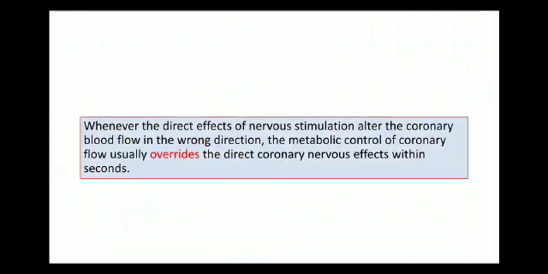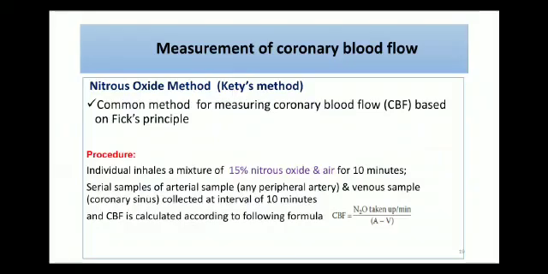The blood flow of the heart cannot be entirely dependent upon the autonomic nervous system. It will be a big problem. So the metabolic control will be dominant at that time. Metabolic control means the release of vasodilatory substances and increasing the coronary blood flow that will override the nervous. So if there is a fight between the nervous and the metabolic control, metabolic will win.